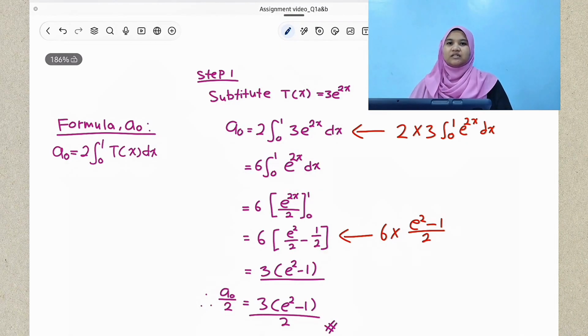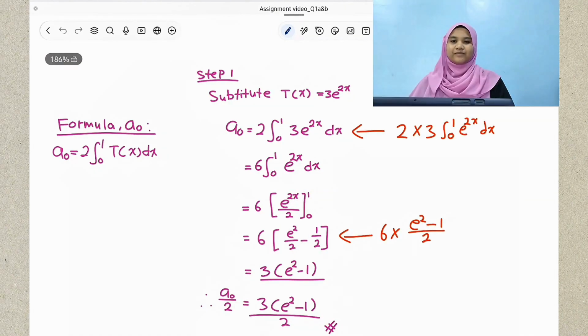Now, we integrate e to the power of 2x. The integral of e to the power of 2x is e to the power of 2x over 2. And we evaluate this from 0 to 1. At upper limit, x equal to 1, we get e to the power of 2 over 2.